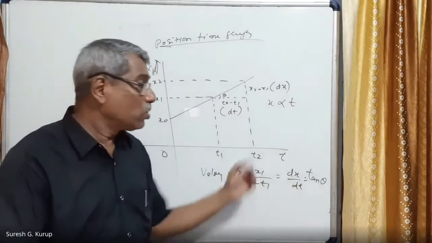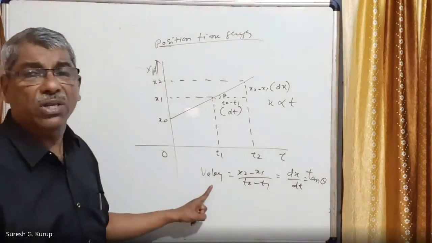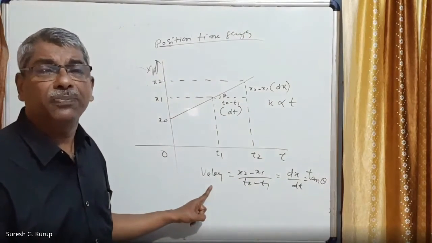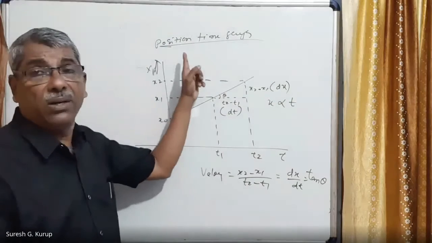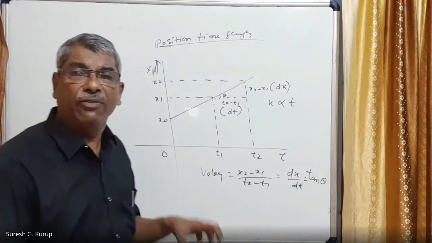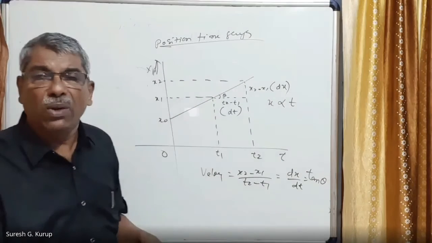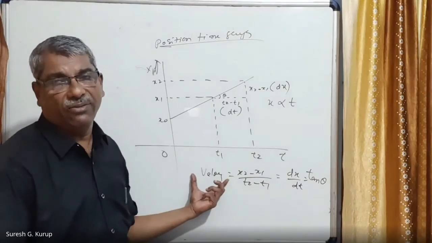Why slope? Because slope is equal to tan theta. What is tan theta? Tan theta is equal to velocity. The slope of the position time graph of a body which is moving with uniform velocity is its velocity itself.